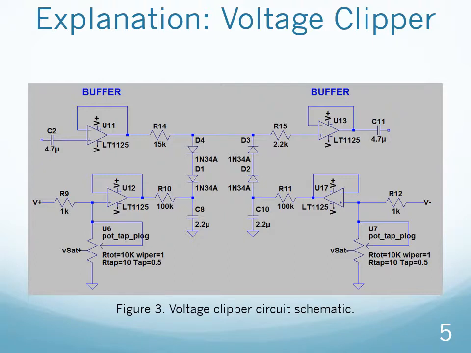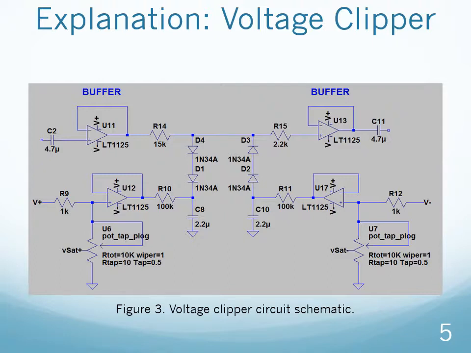Two in series is about 0.5, 0.6 volts because they have a low forward voltage. And then on the other side of that, there's an op amp with a voltage divider, where the output of that op amp, say U12 and U17, is just some DC voltage with a high resistance looking at it and then the big capacitance.